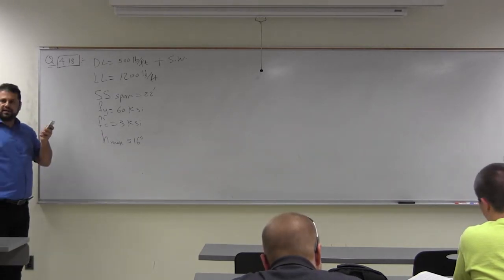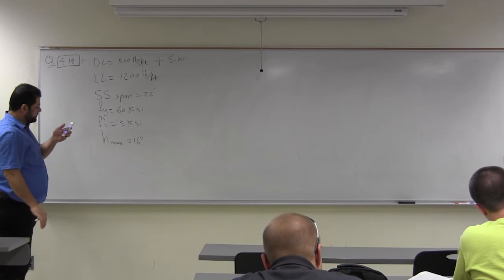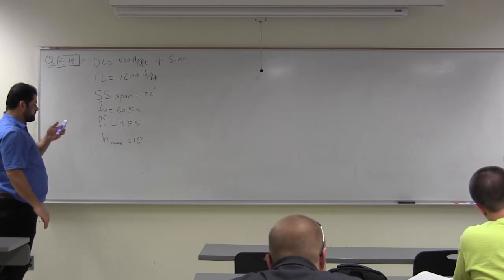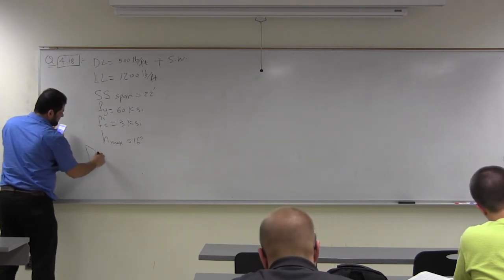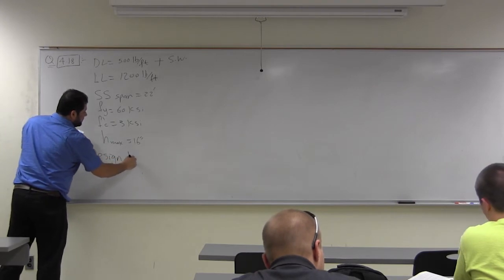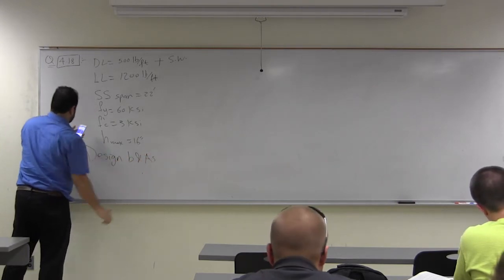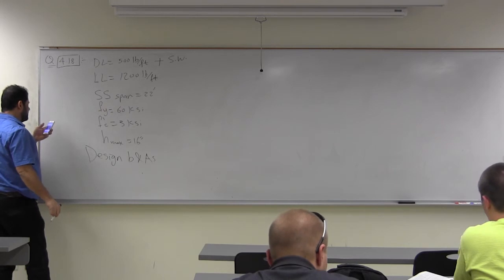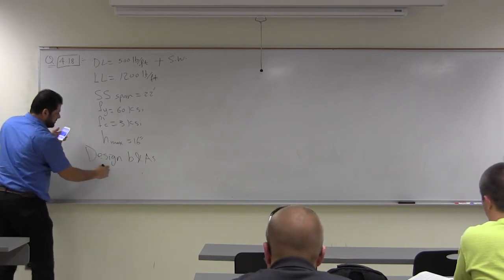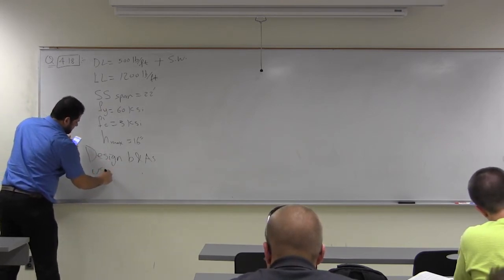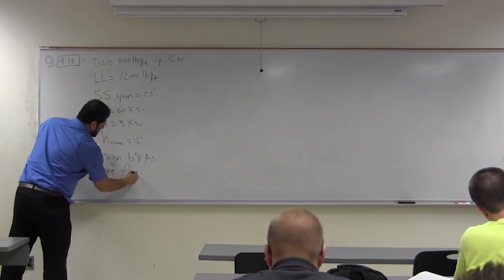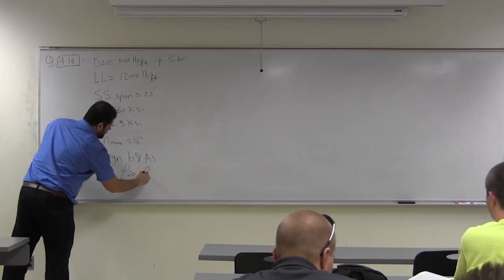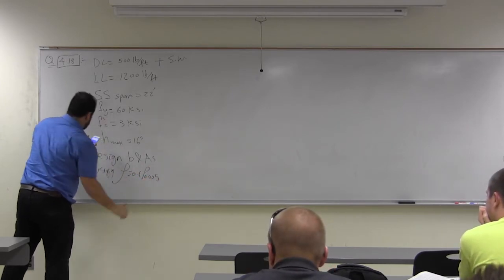H max cannot exceed 16 inch. Calculate the required beam width and tensile reinforcement. Design b and As, given that, using rho equal 0.005.